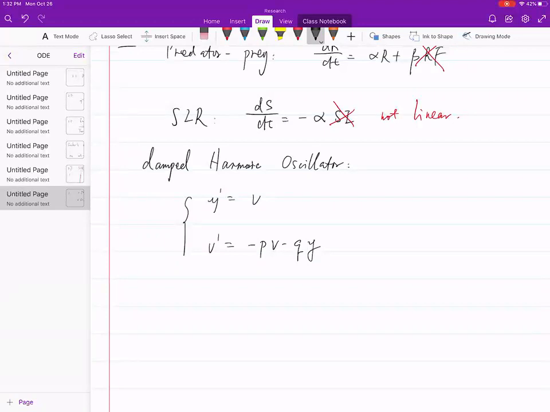You have V, you have Y. This one is a linear system. Okay, so everything we learned so far, only the damped harmonic oscillator is linear. We will, of course, use this one as an example again and again to illustrate the ideas.